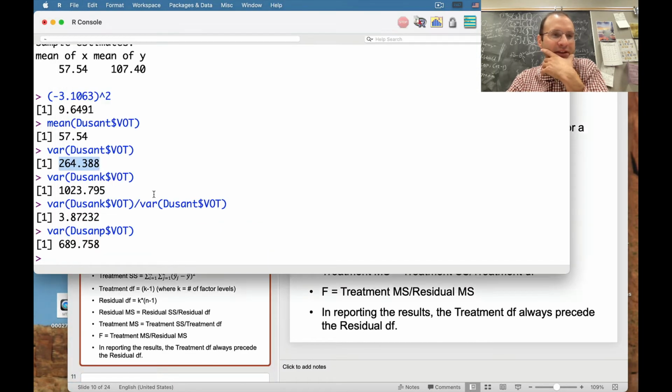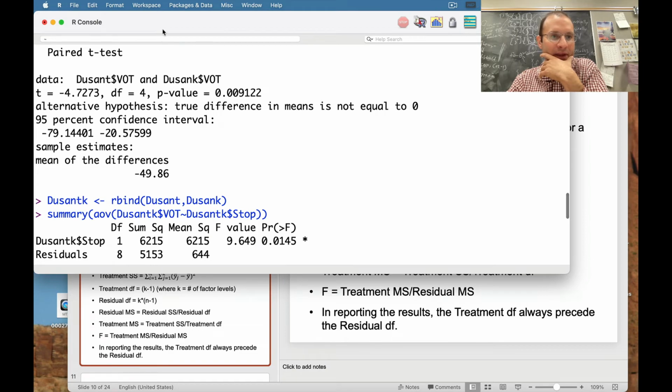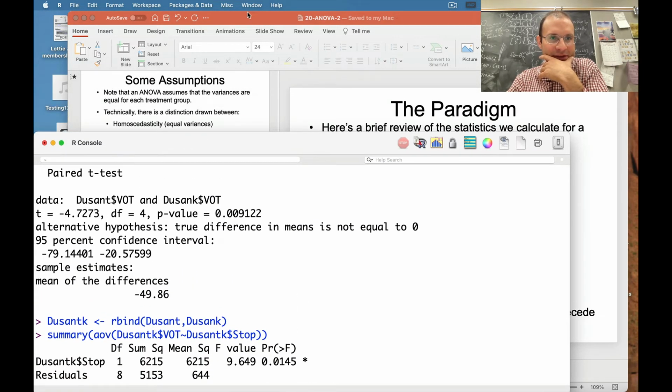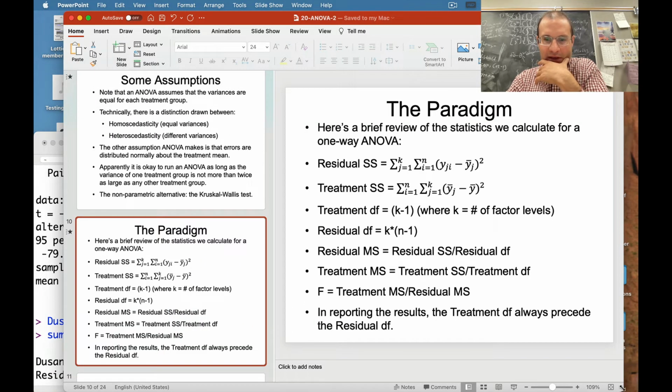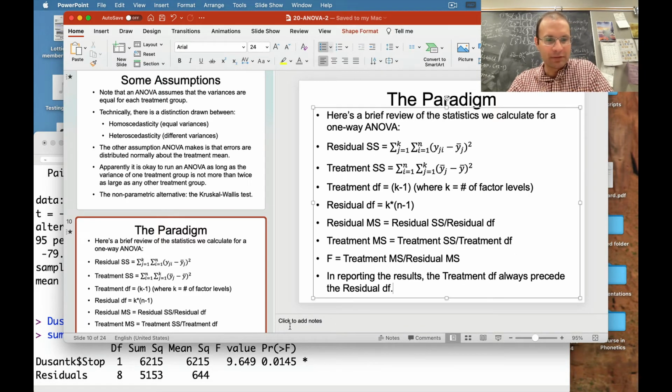And I didn't make this specific before, but I can go up here. Maybe we'll do it this way and just plop this in the PowerPoint at the tail end. But for this result here, for the TK comparison, you'd say F of 1, 8.